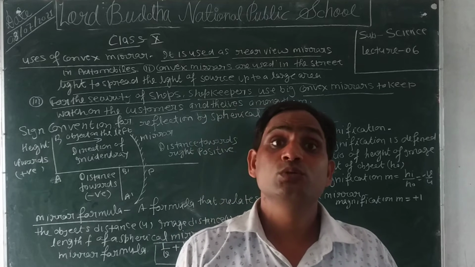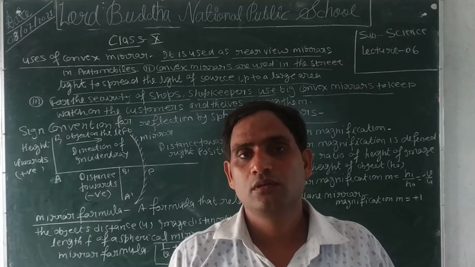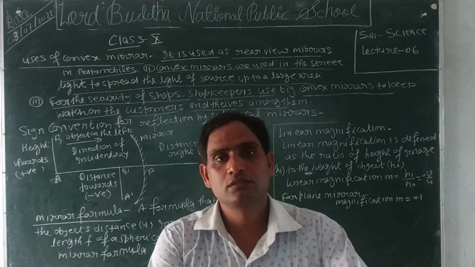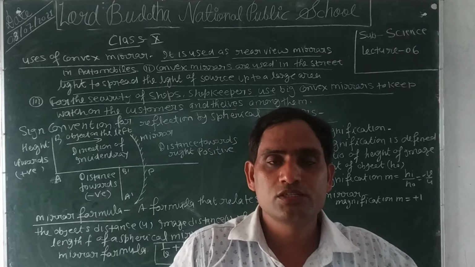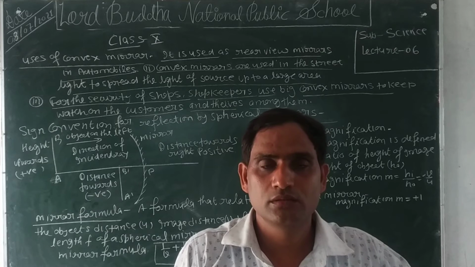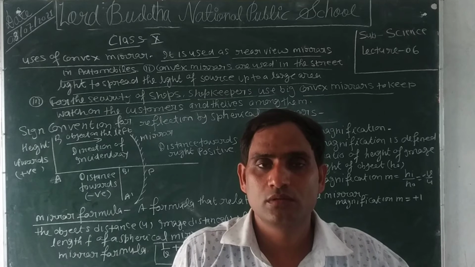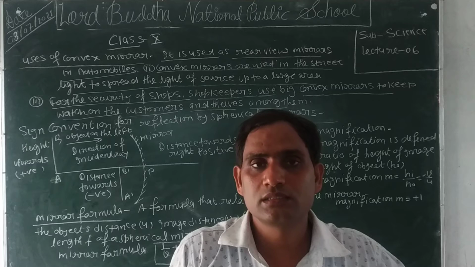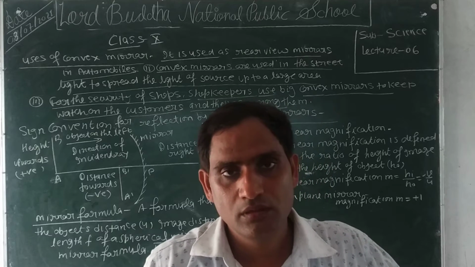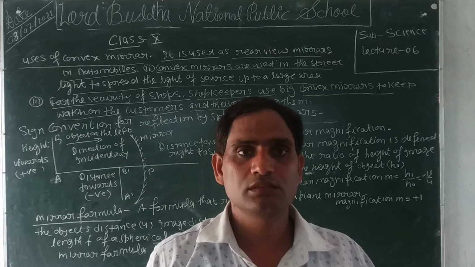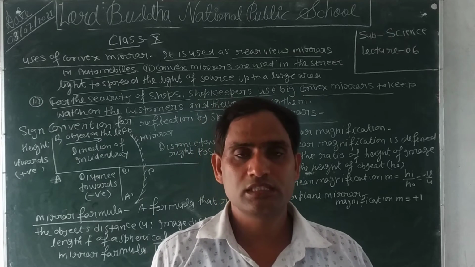The convex mirrors are used in shops by which the shopkeepers can watch their customers and the thieves among the persons present inside the shop because it provides a large area. Clear? Now, we will discuss sign conventions according to the new Cartesian system.